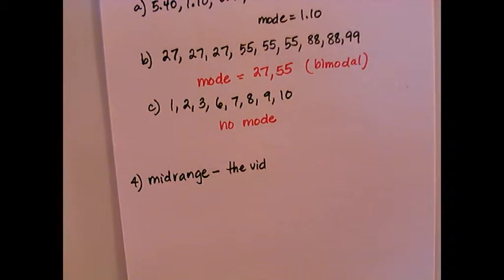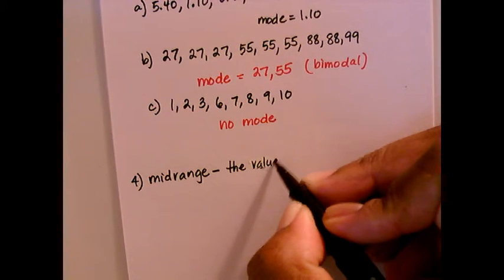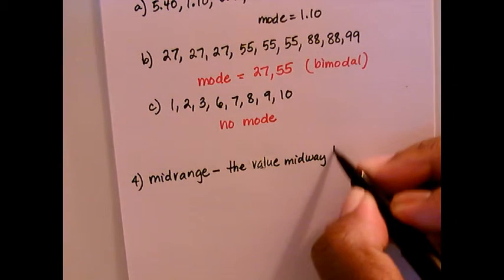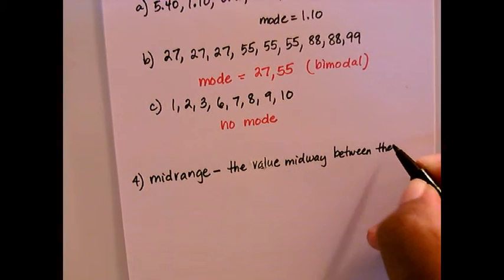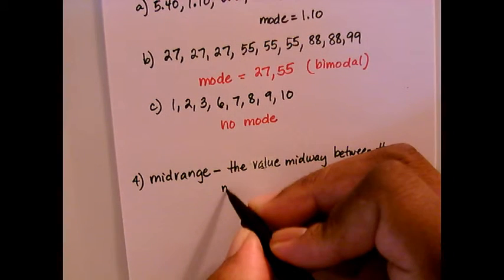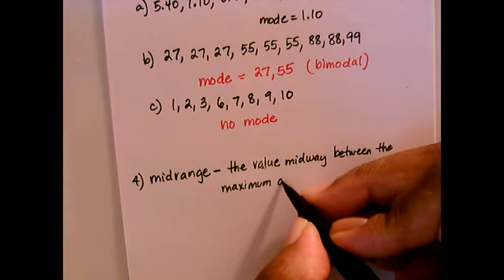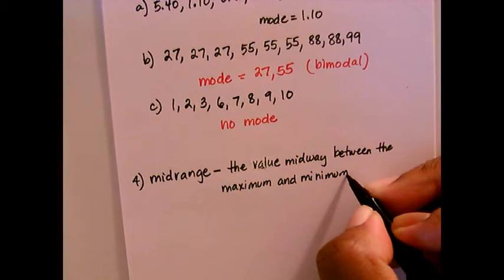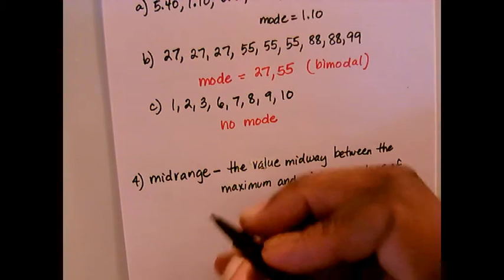In this case, the mid-range is the value midway between the maximum and minimum values of a data set.